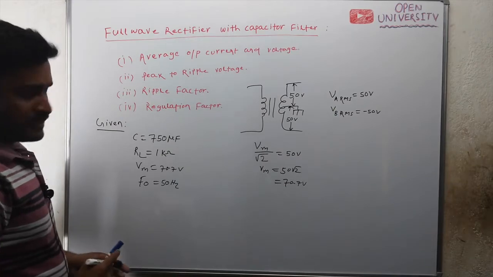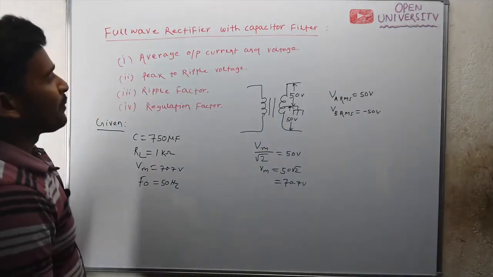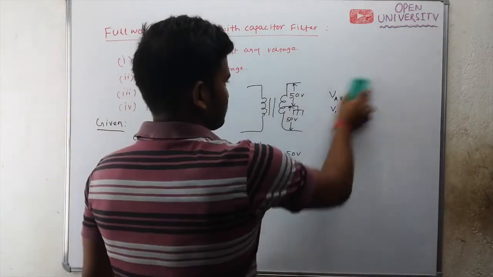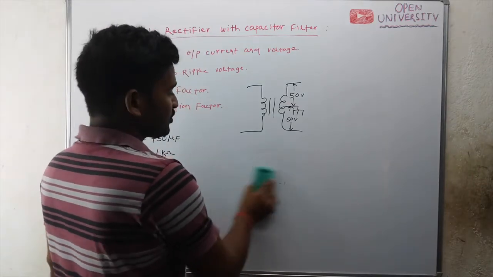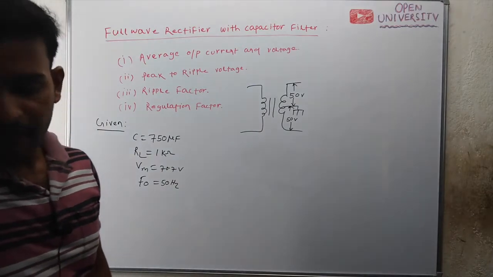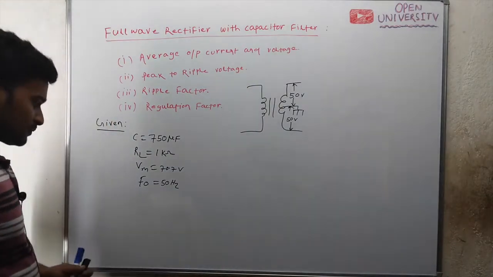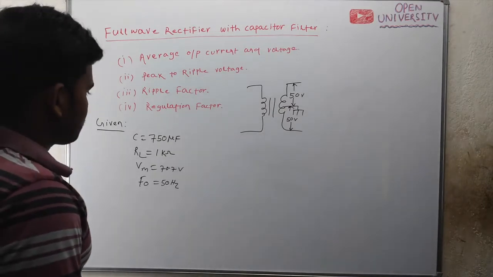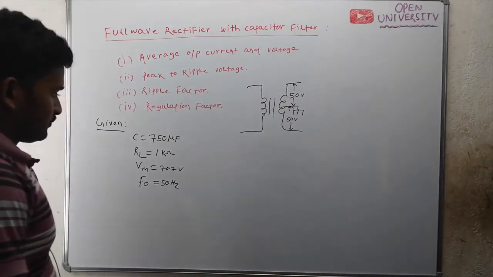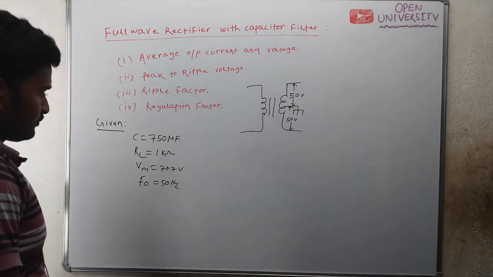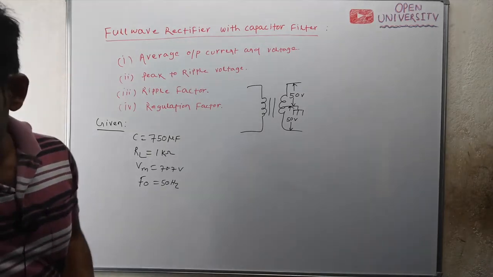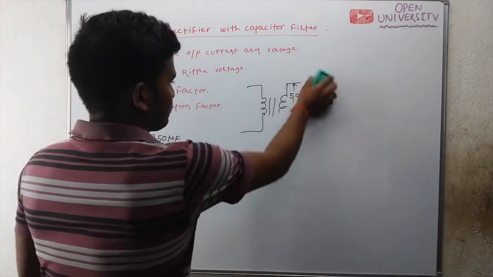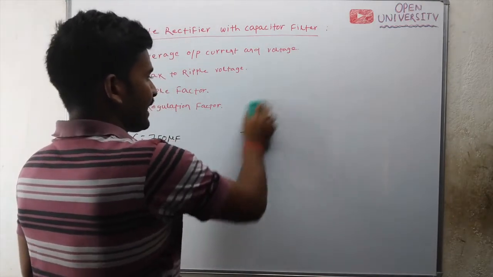The first point asks to find the average output current, that is IDC, and the average output voltage, that is VDC. How to calculate IDC first?